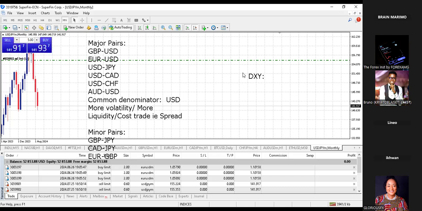But generally speaking, the dollar and the yen, do they move in the same direction or not? I've not really compared it.